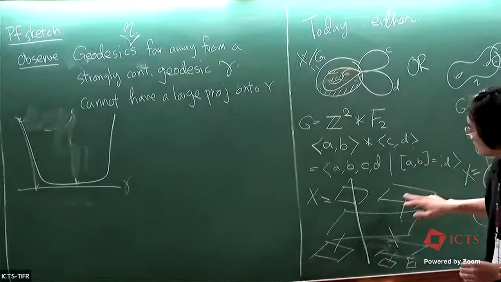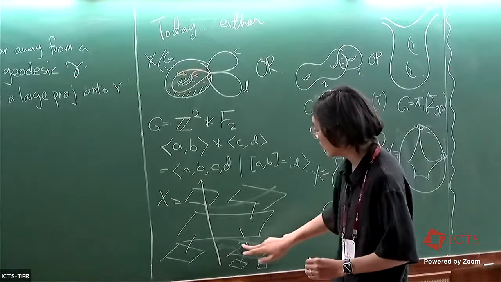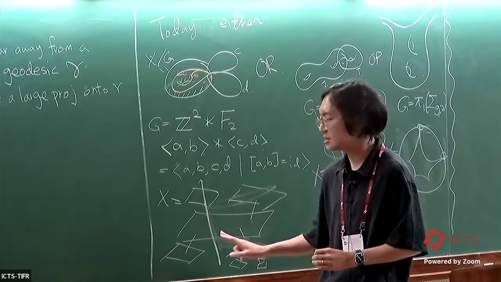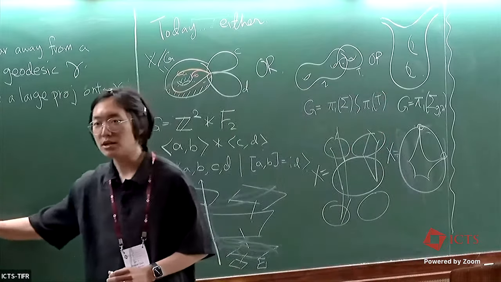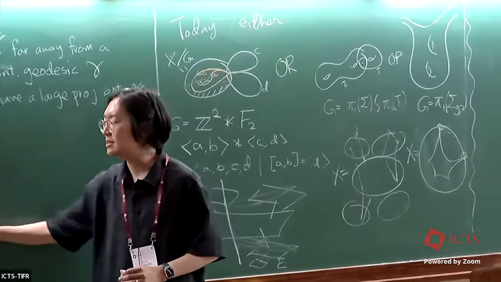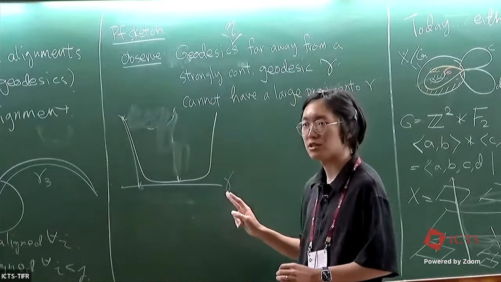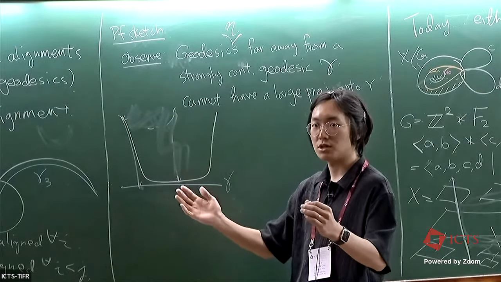If you belong to sufficiently distant stories, then the only way to get from here to here is to go through the geodesic, because this geodesic is really tree-like. For a hyperbolic plane, you cannot say that they go exactly through the strongly contracting geodesic, but it comes sufficiently close, uniformly close to the geodesic.